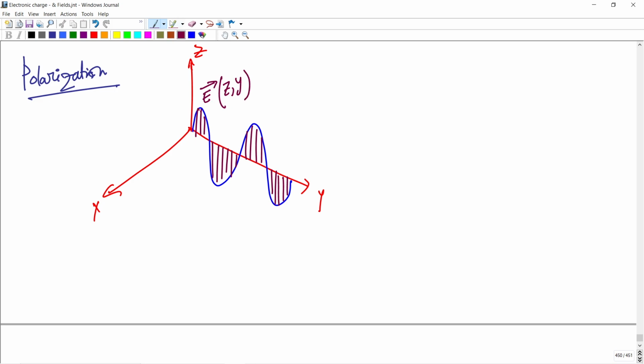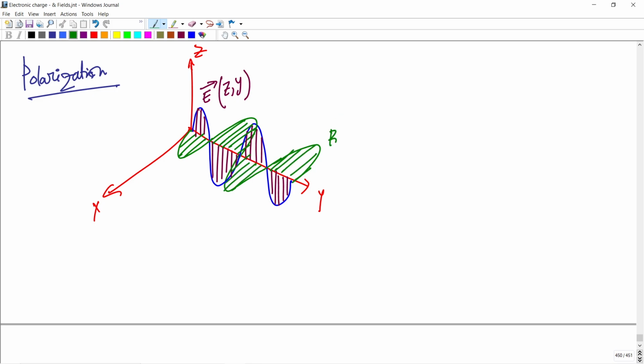So there is also a magnetic field. You know that's the electromagnetic wave. The vibration of the particle or atom or molecule is in the X direction.